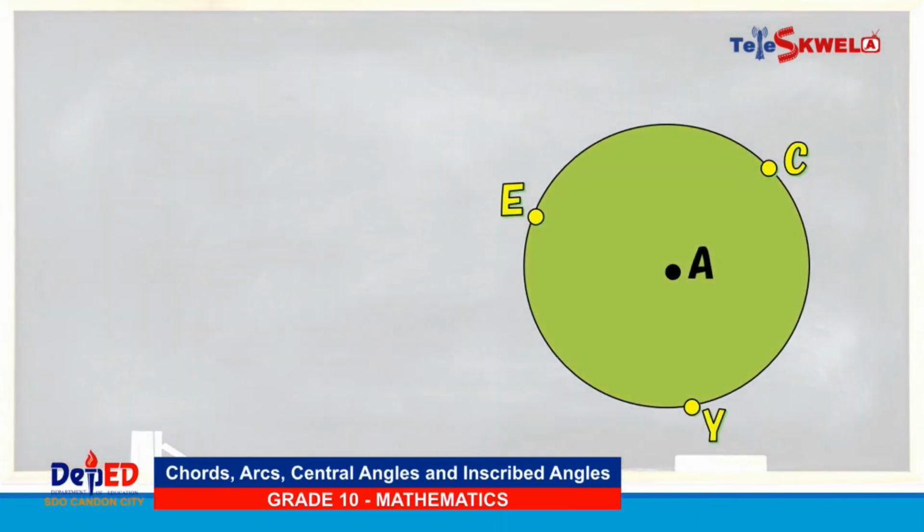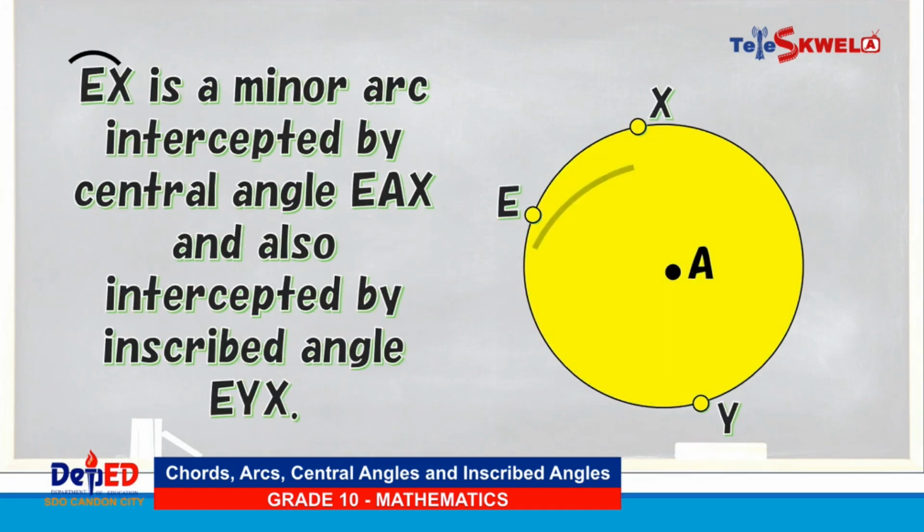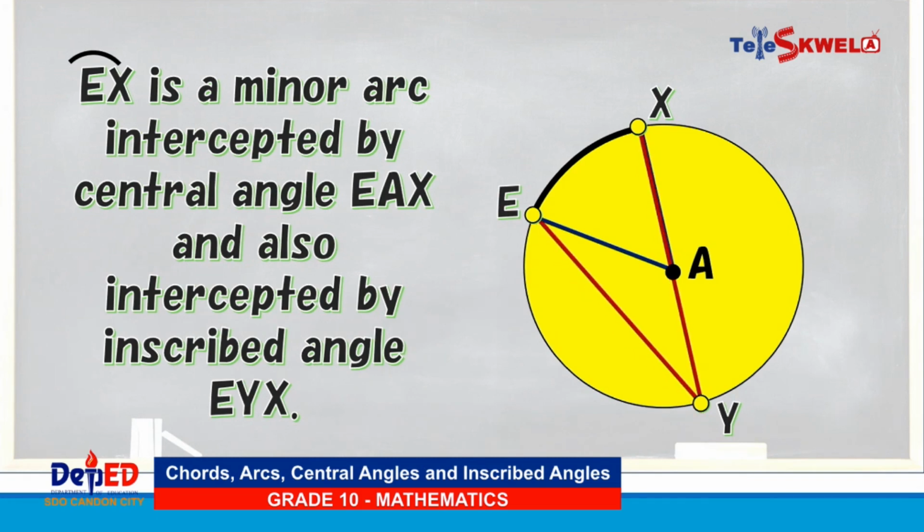Referring to circle A, arc EC is a minor arc intercepted by inscribed angle EYC. Arc EX is a minor arc intercepted by a central angle EAX and also intercepted by inscribed angle EYX.